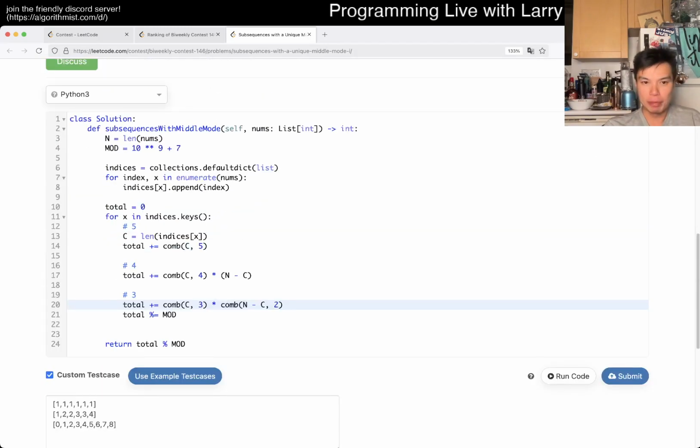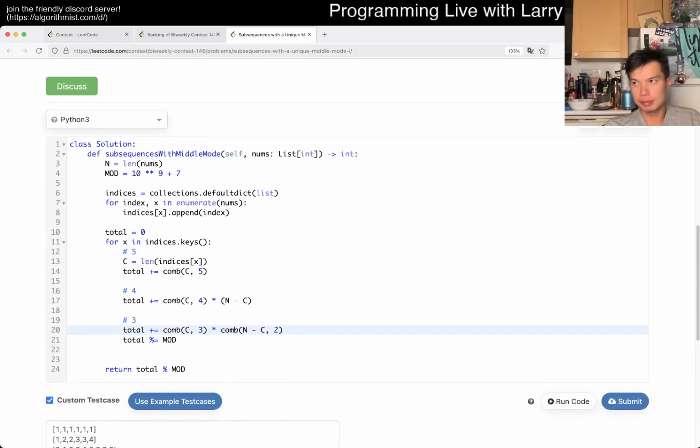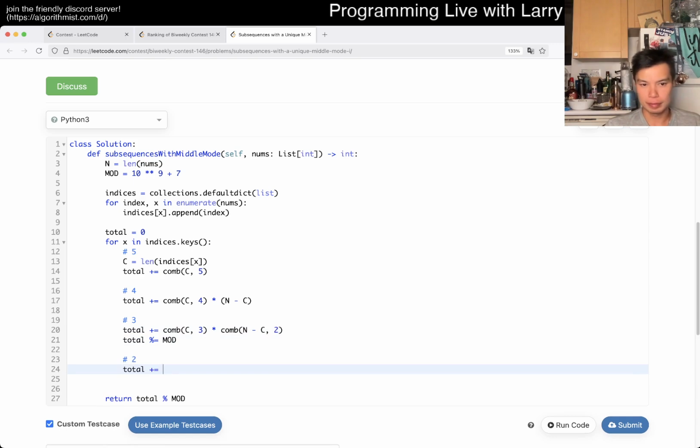And then now the hard part is the 2s, right? Well, that's okay too, I think. I think this is the only part that's hard, in theory. Choose 3, so this is going to overcount. We know that.